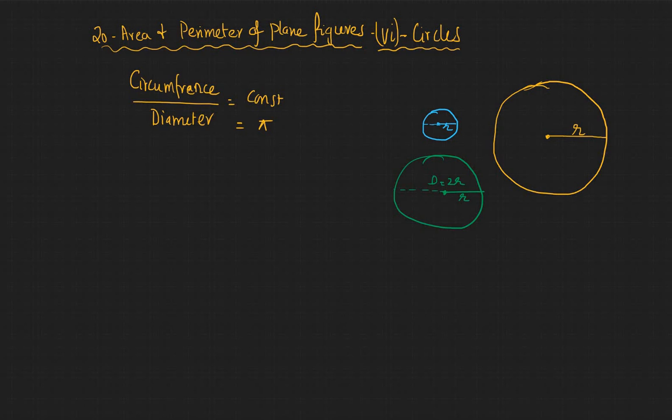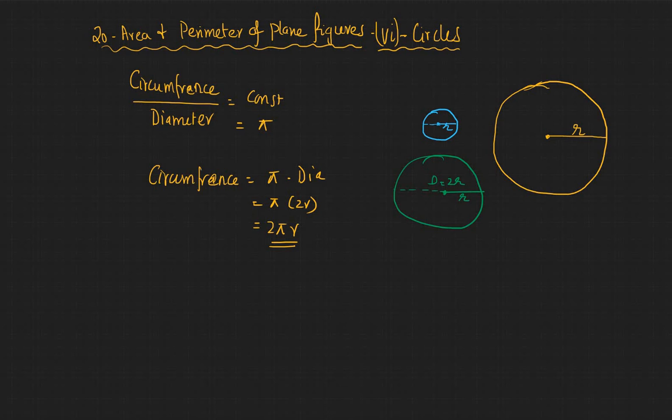In other words, the circumference is pi times diameter, or pi times 2r. So circumference is 2 pi r, and that comes from the property of the circle.